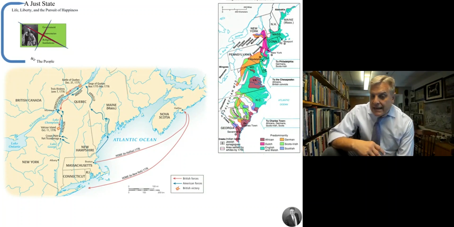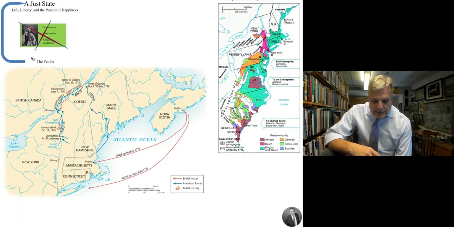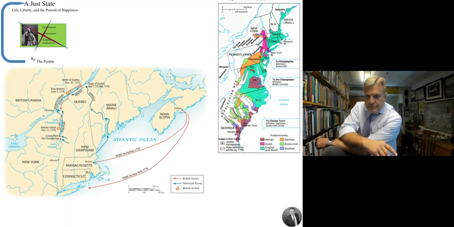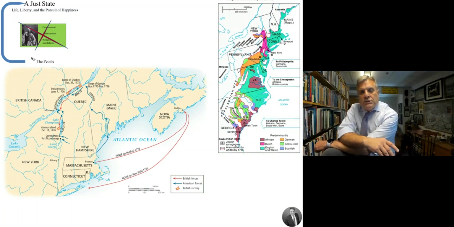So taxes were increased. The Revolutionary War begins, but not all at once. The first phases of the war take place before the Declaration of Independence is written. And they take place largely in New England and in what is now Canada and upstate New York.